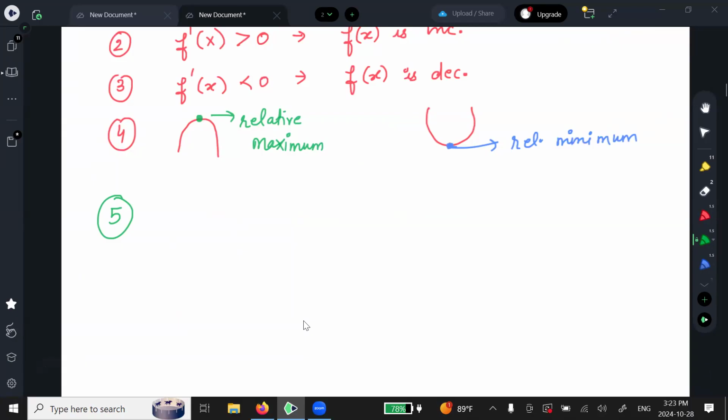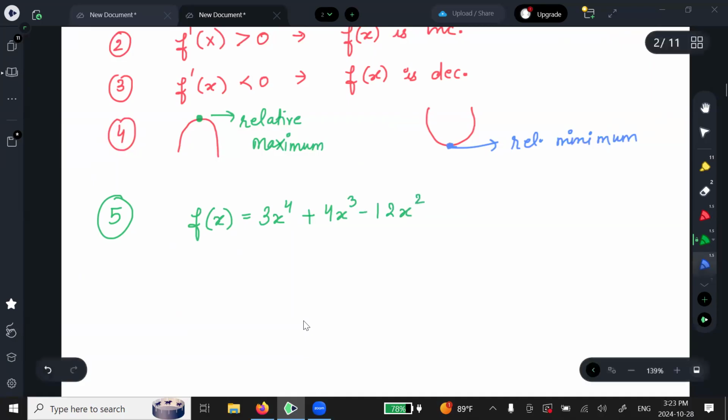Number 5, 12.1. f of x is given to be 3x to the power 4 plus 4x cubed minus 12x squared.